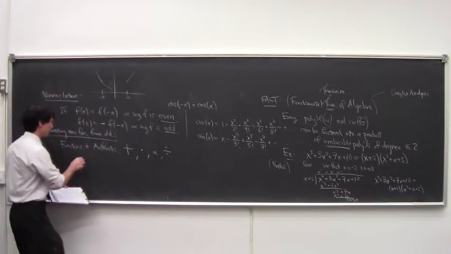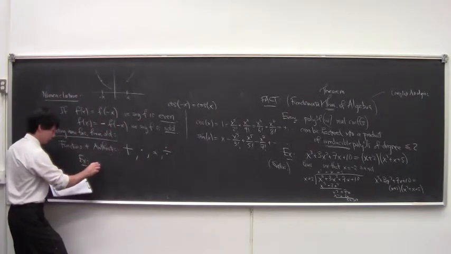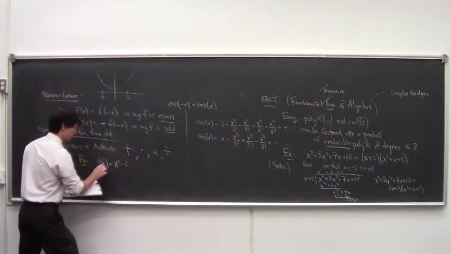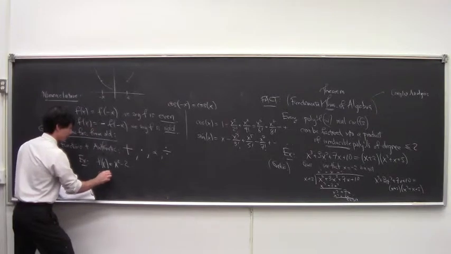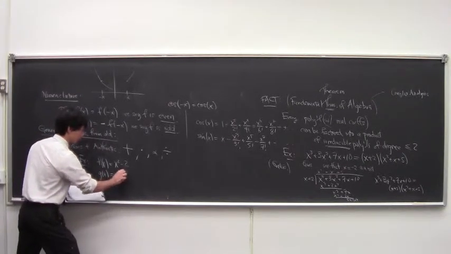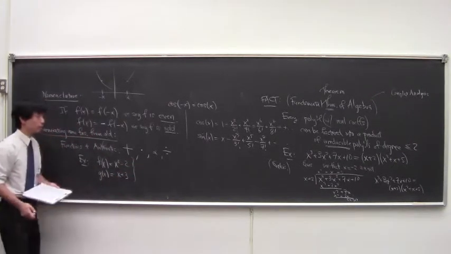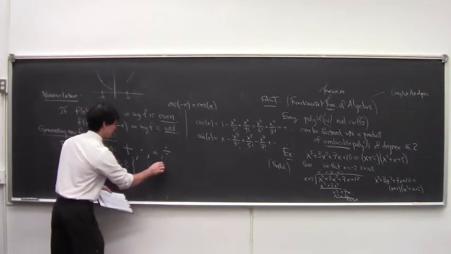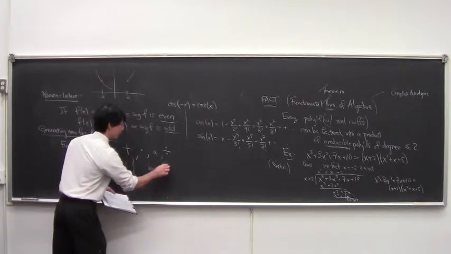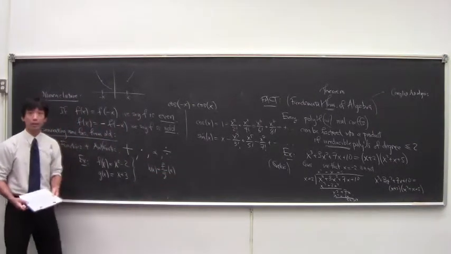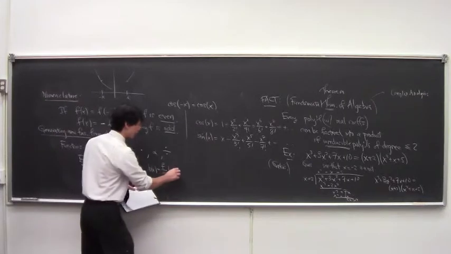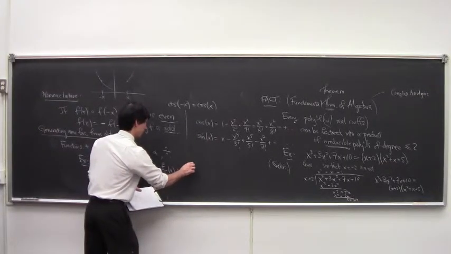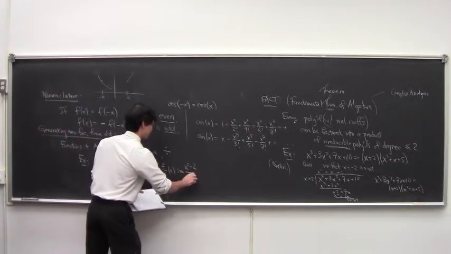For example, if f of x is x squared minus 2, and g of x equals x plus 3, then if I write h of x is f over g of x, all I mean is that this is going to be x squared minus 2 over x plus 3.